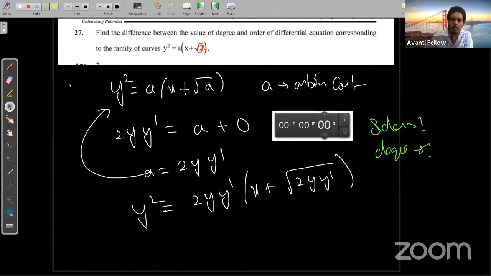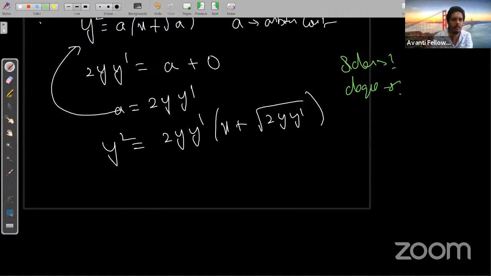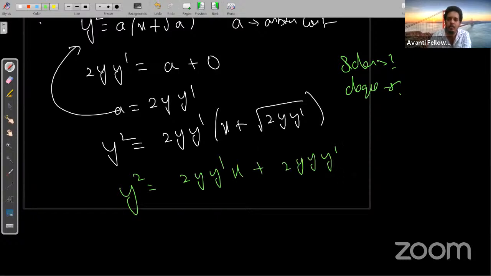Time is up. Let us solve this question, guys. Just look here. What is given? y squared is equal to 2y dash into x plus 2y dash.